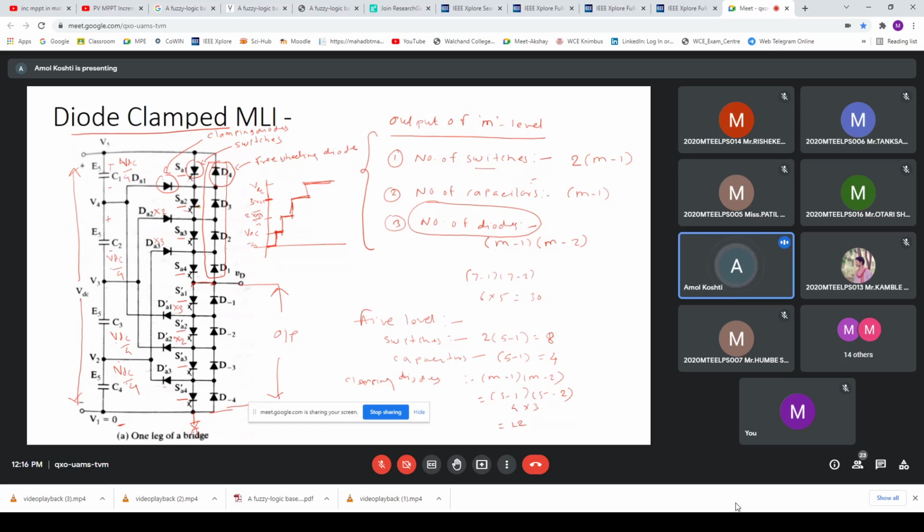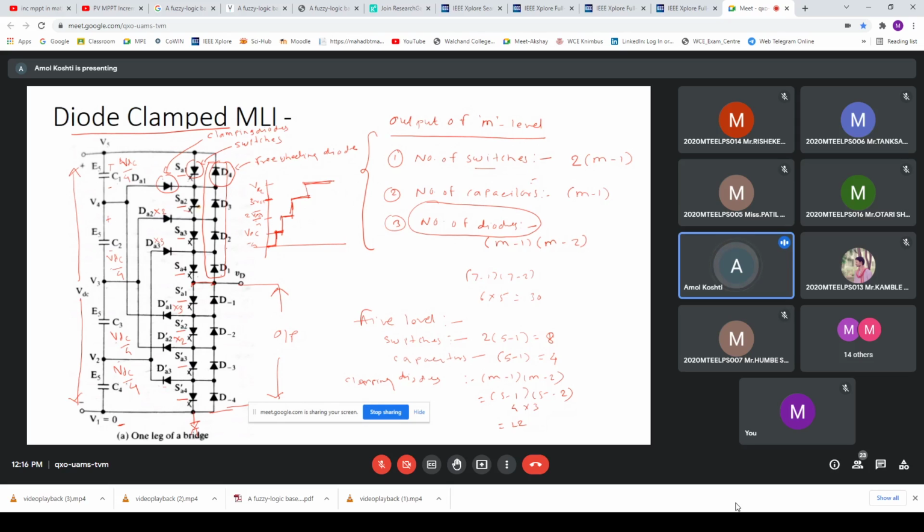As you go on increasing the levels, by using these formulas you can calculate how many switches, capacitors and clamping diodes you need in the circuit. This is restricted to the diode clamp inverter; for the remaining topologies, there will be slight changes in the formulas. So this is the concept of the multilevel inverter.